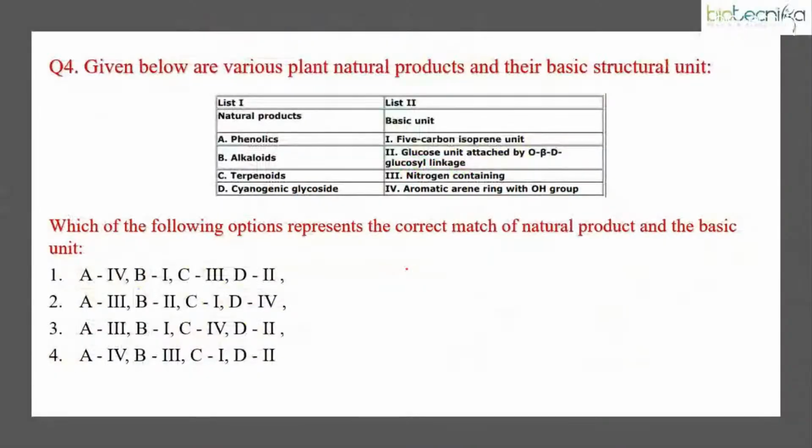Moving on to our next question. So again, this is related to secondary metabolites. You can see some plant natural products are given as list 1 and their basic structural unit is provided in list 2.